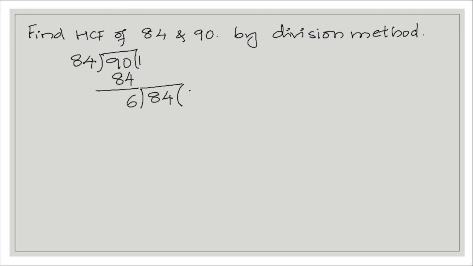Will 6 divide 84? Fourteen 6s are 84. It leaves the remainder 0. The divisor when the remainder becomes 0 is 6. Therefore, the highest common factor is 6.